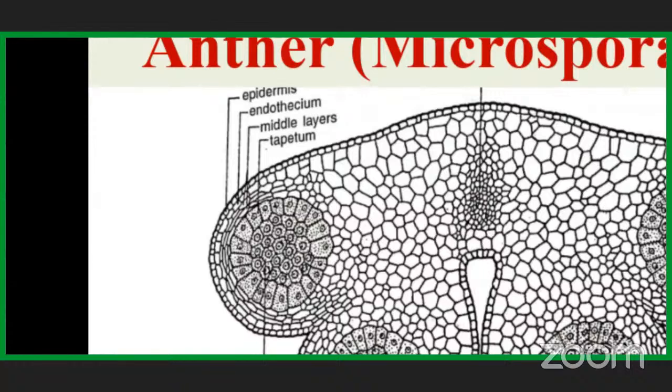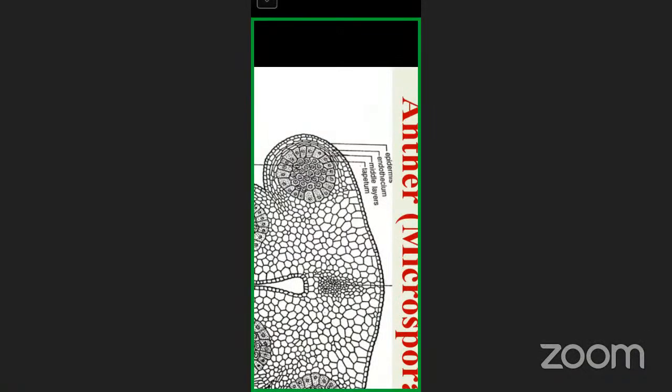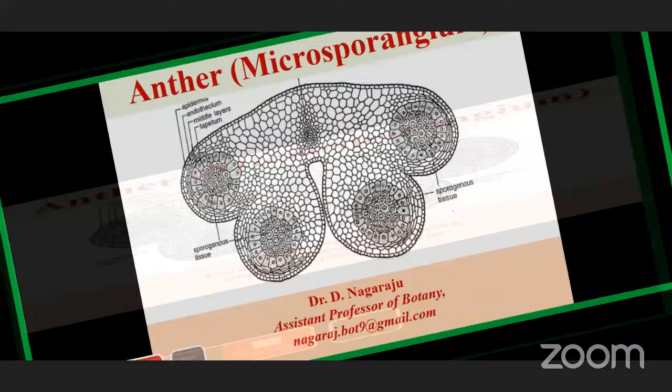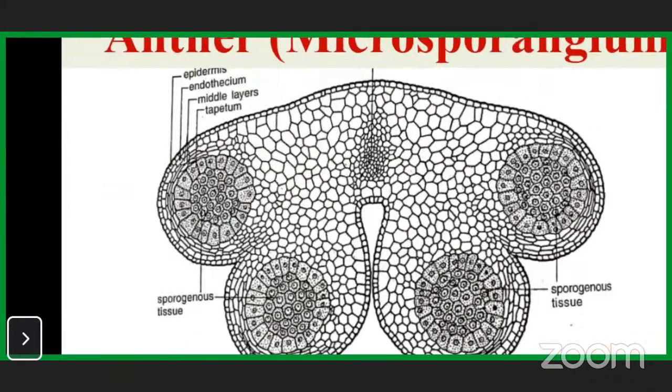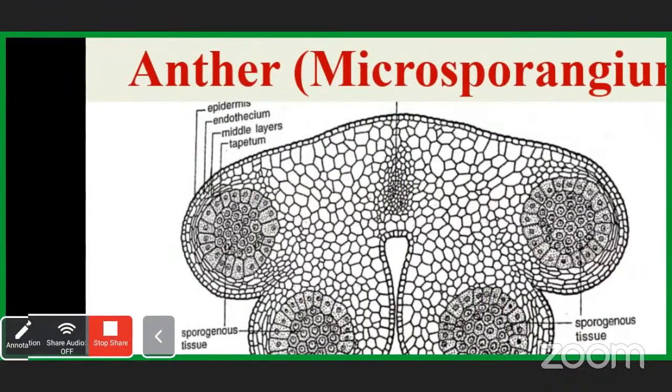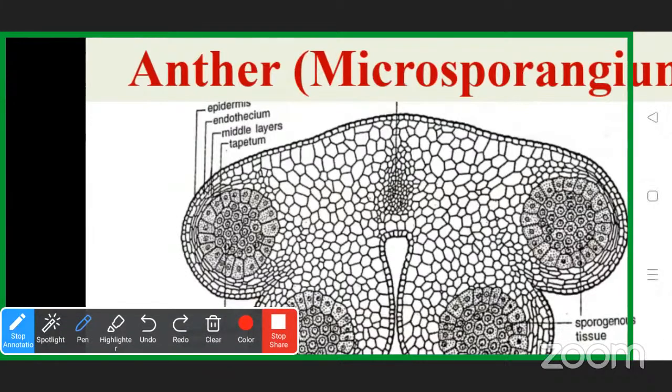The next one is the endothecium. You can see here the uppermost layer is called the epidermis.